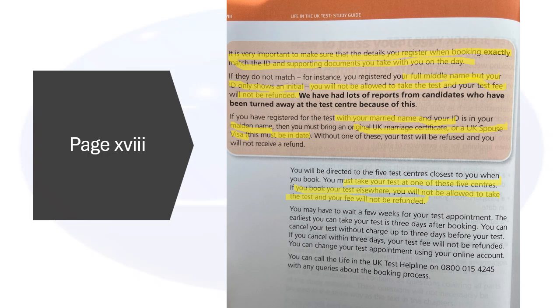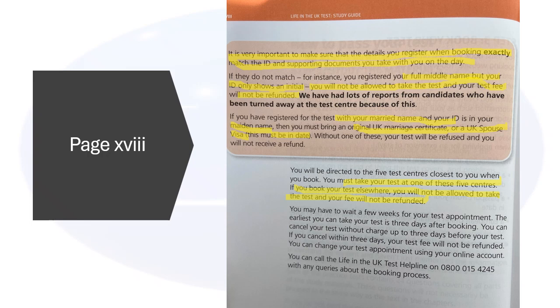Let's say you book the test, you put your address, and based on your address, they will give you 5 centers which are close to you. Now you can choose between those 5 centers, but you cannot choose something which was not on the list.